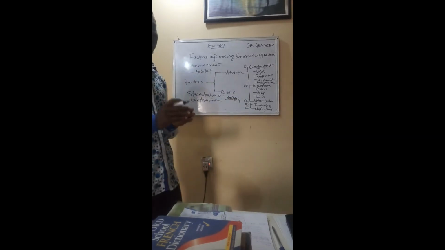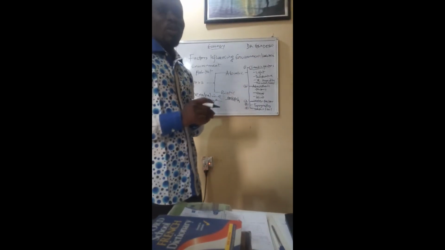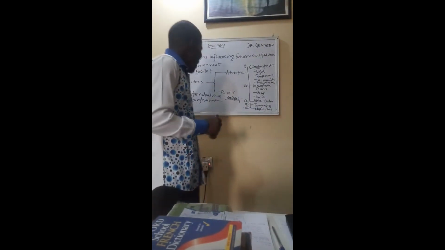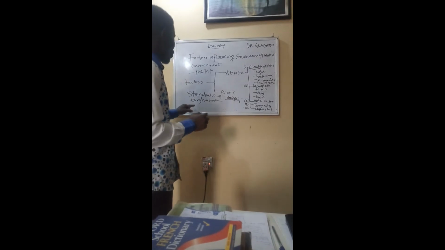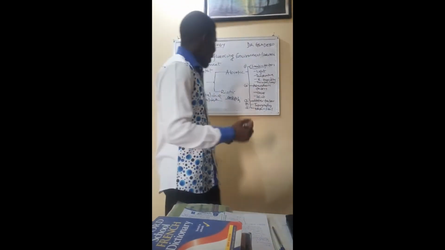It can only survive a very narrow range of salt content, whereas there is this other category called the euryhaline aquatic organisms, and those are aquatic organisms that can survive a very wide range of salinity changes.